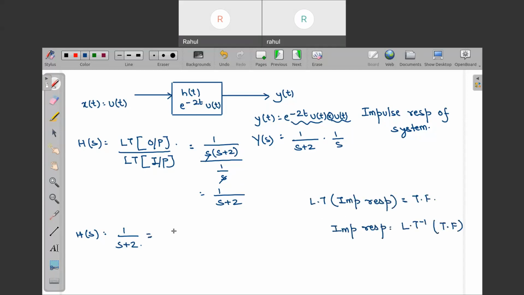So if I do that, this will be e to the power minus 2t u(t).